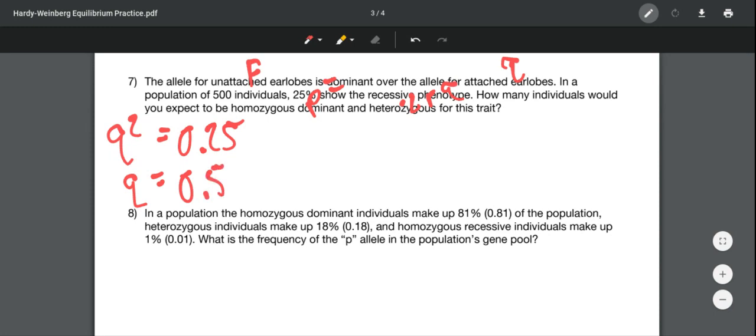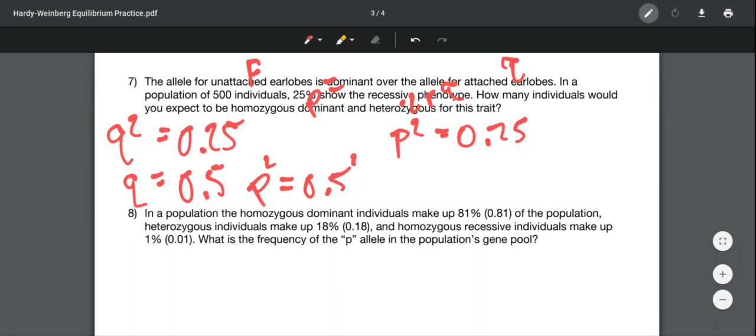Well, that makes that easy. P plus Q equals 1. Q is 0.5, which means P is also 0.5, which means P squared is 0.5 squared, or 0.25, because I would just take that P and square both sides, right?